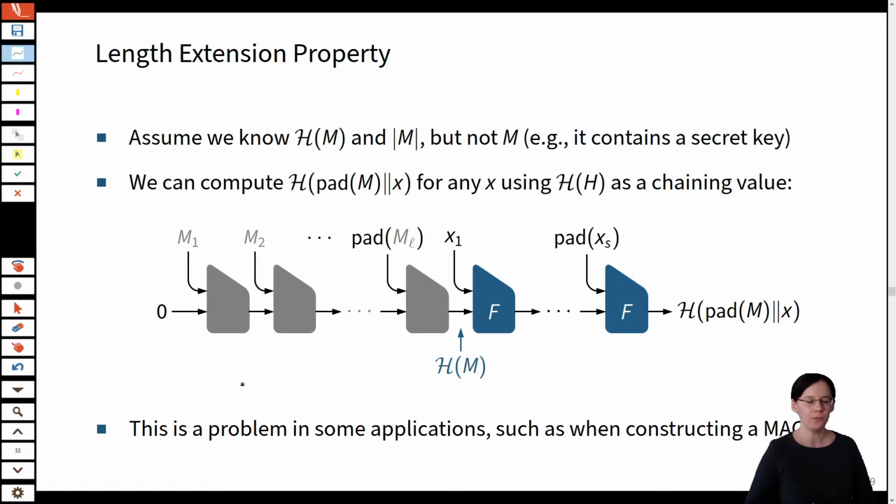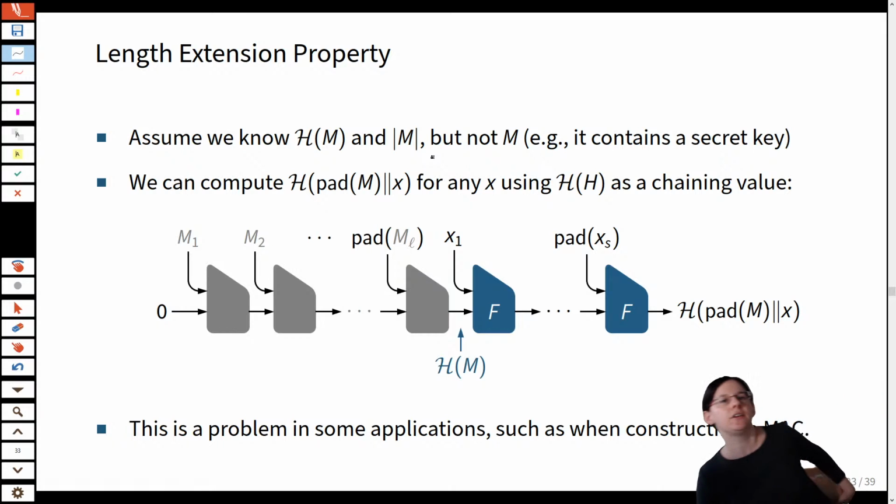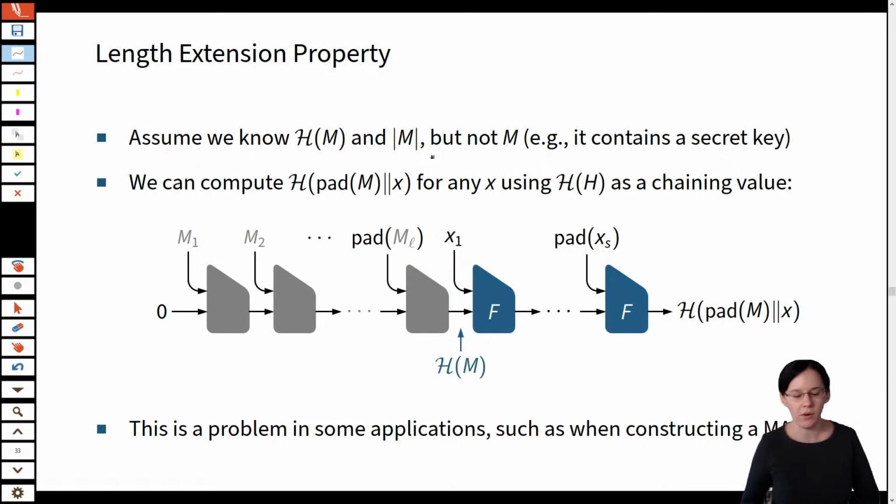So we assume we know the hash of some message M, and we also know how long M is, but we don't know this message. For example, it might be because the message contains a secret key, like a cookie stored in the beginning, or a key because we're using it to construct a MAC.